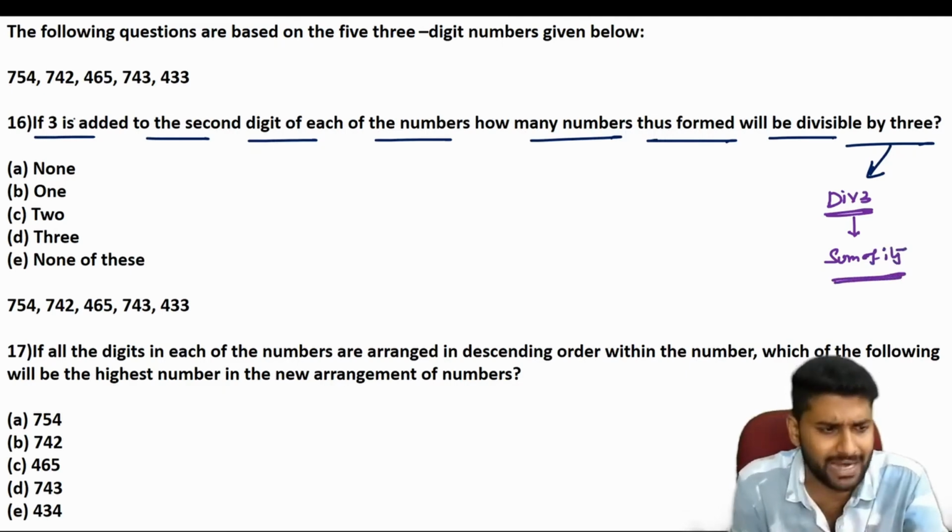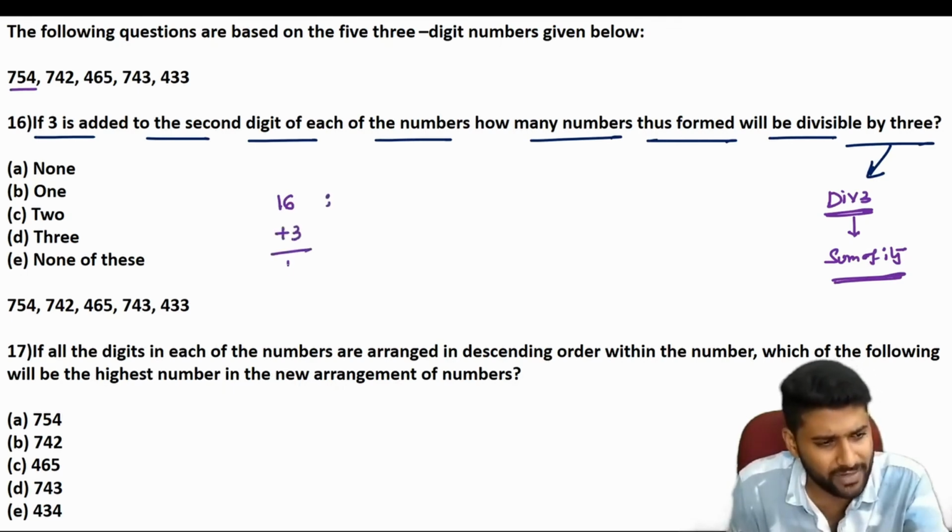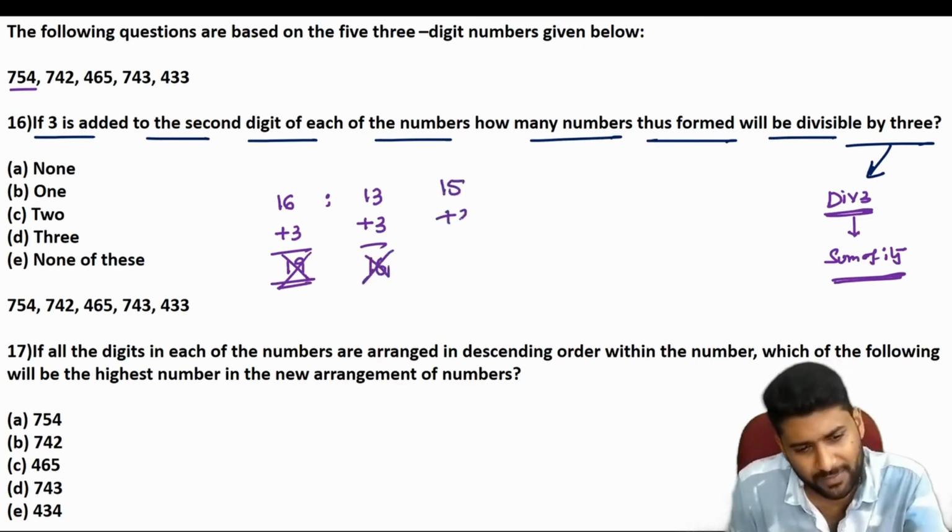Now, before adding, just find the sum here. What is the sum of all these numbers? First number is 16. Now you have to add 3. Now it becomes 19. Is it clear, guys? Now 19 is not at all divisible by 3. Next one, 742, the total is 13 plus 3 is equal to 16, also not divisible by 3. 465 is 15, 15 plus 3, 18.